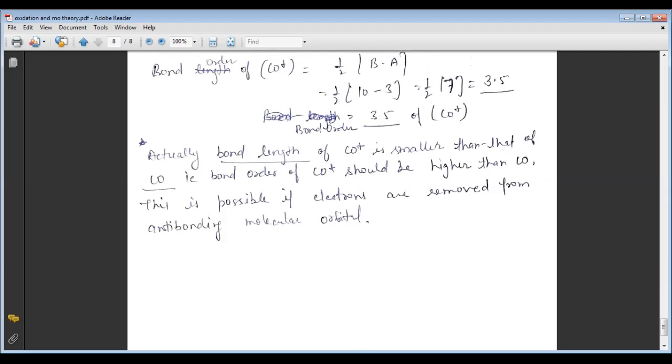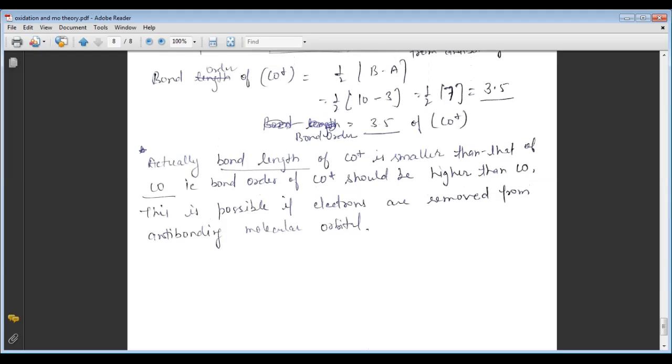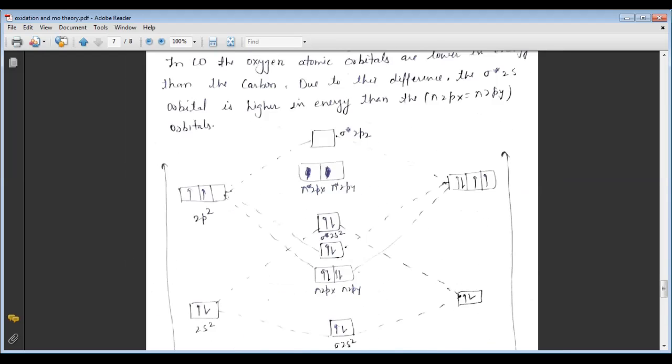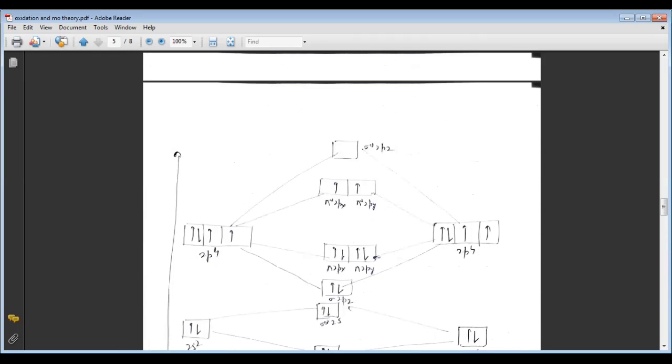This is possible if electrons are removed from the anti-bonding molecular orbital. This is possible only when our electron goes out of the anti-bonding molecular orbital. So these are the molecular orbital theory.